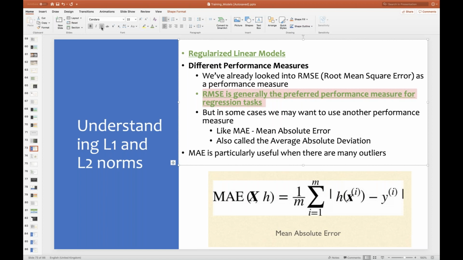But in some cases, you may want to use mean absolute error. What is mean absolute error? It is also called the average absolute deviation, and it is particularly useful when there are many outliers.